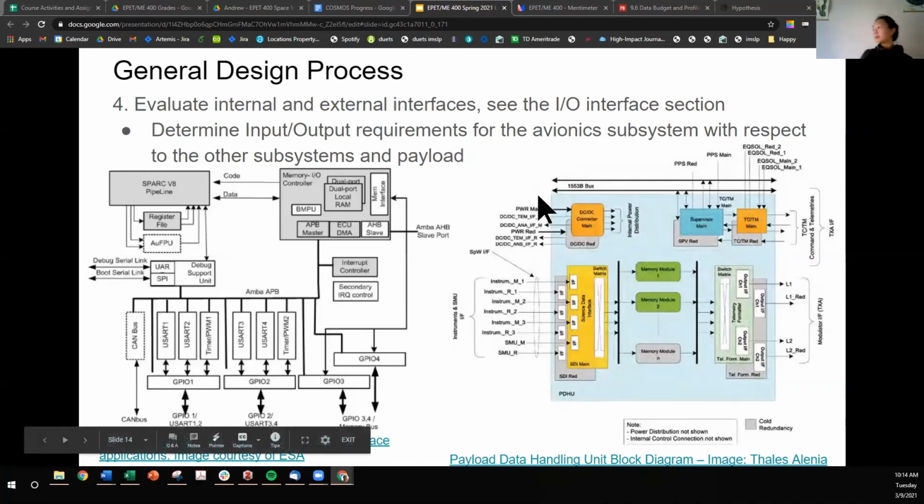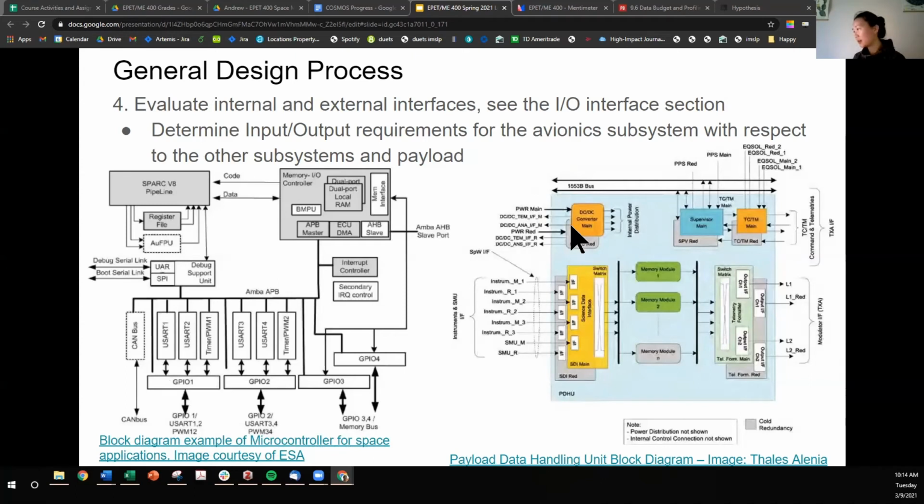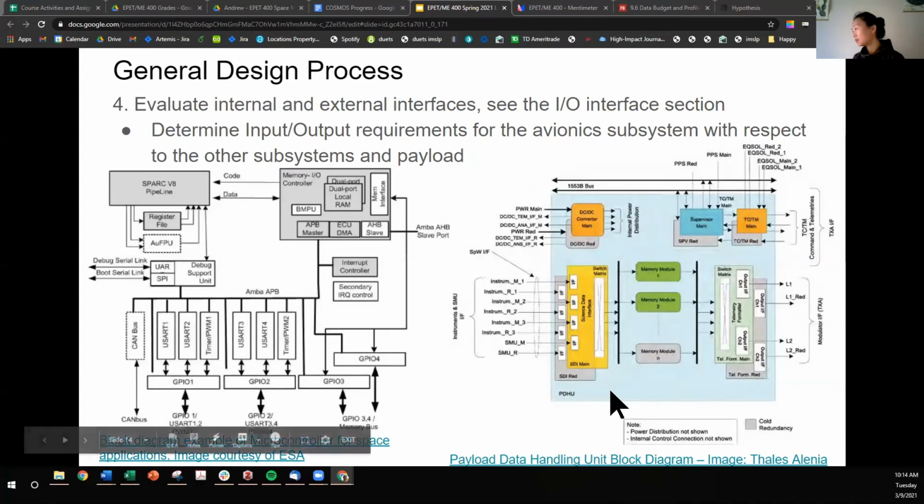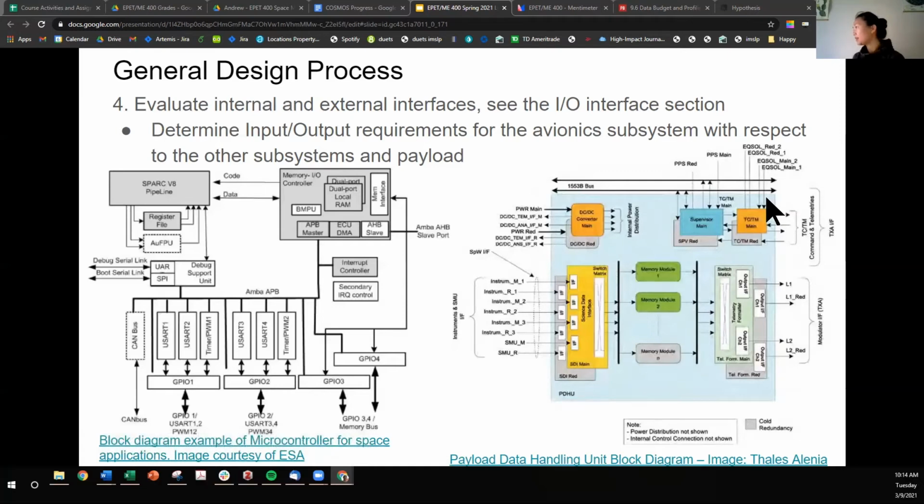Let's look at the diagram on the right. Okay, so this block diagram, let's just break out some notable parts. Here is a board for payload data handling, and it interacts with a bus, a data bus. You'll see later on in the chapter, we talk about different data buses. This one looks like it's the MIL standard bus. So a lot of different packets are being communicated onto that bus.